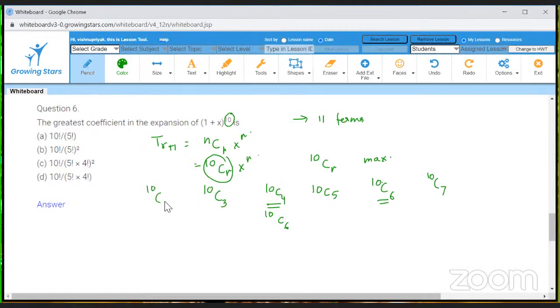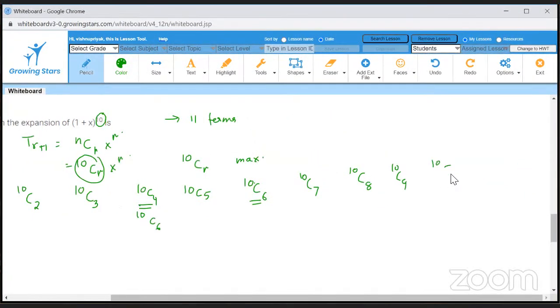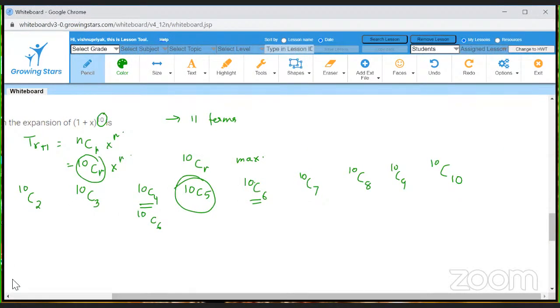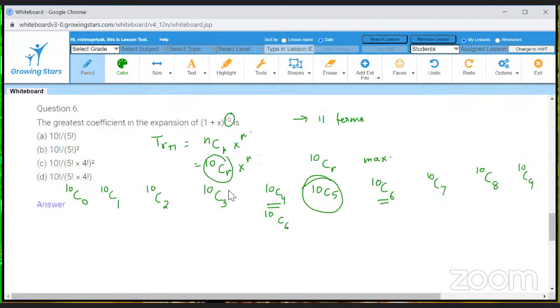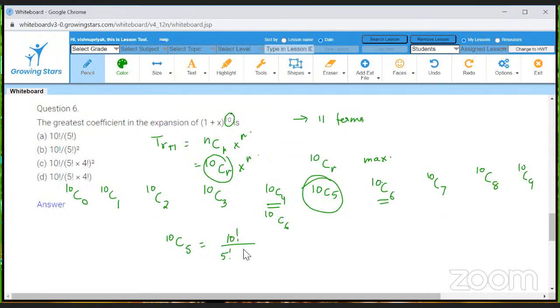If you take 10C2, it will be the same as 10C8. 10C1 is the same as 10C9, and 10C0 is the same as 10C10. So the middle one, 10C5, will be the maximum. When you expand this 10C5, you will have 10 factorial by r factorial into n minus r factorial. And that will be the option.